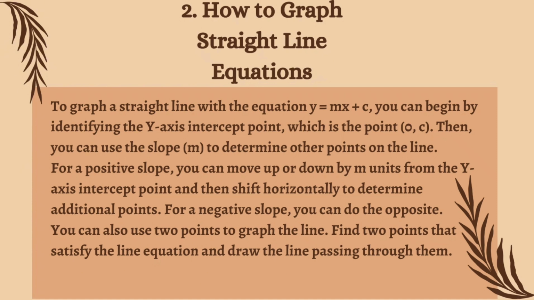Then you can use the slope m to determine other points on the line. For a positive slope, you can move up by m units from the y-axis intercept point and shift horizontally to determine additional points. For a negative slope, you can do the opposite.